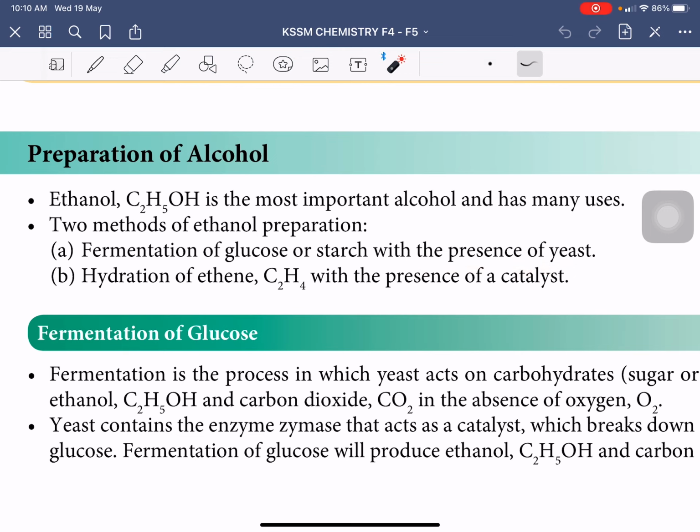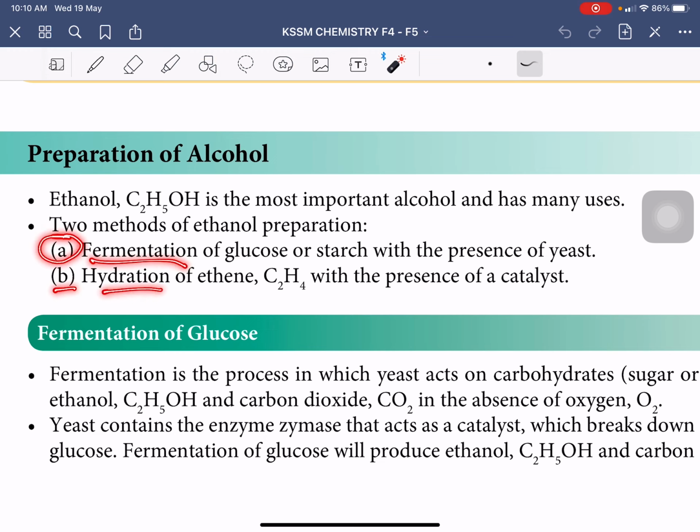I have attached a YouTube video of a teacher conducting this experiment, fermentation of glucose in the lab. You can watch it in the link that I will attach in your Google Classroom later. So that is A, fermentation.